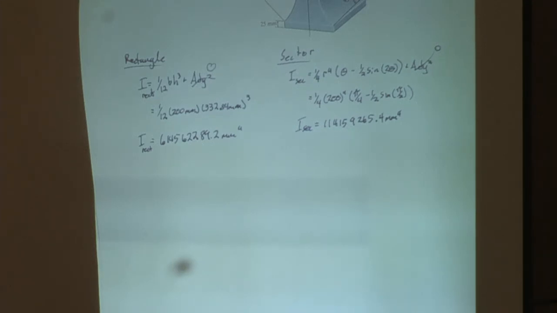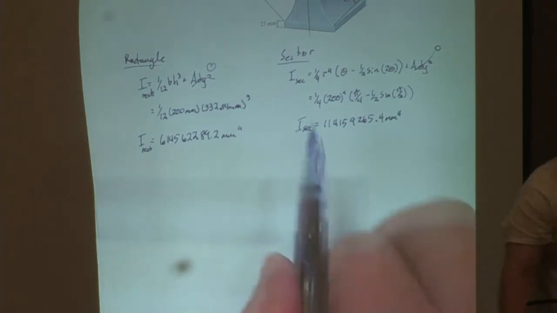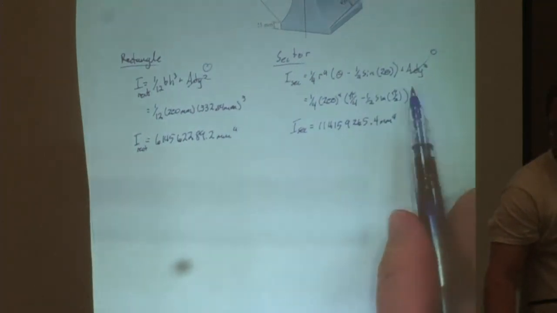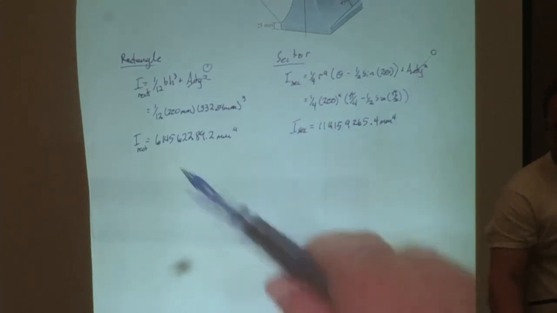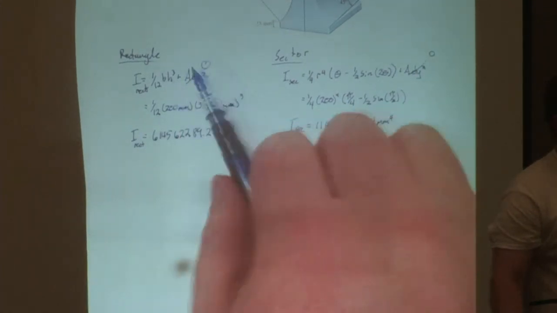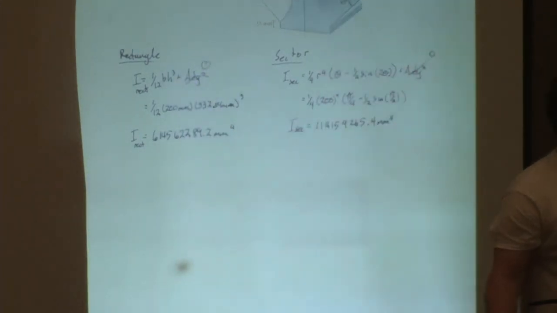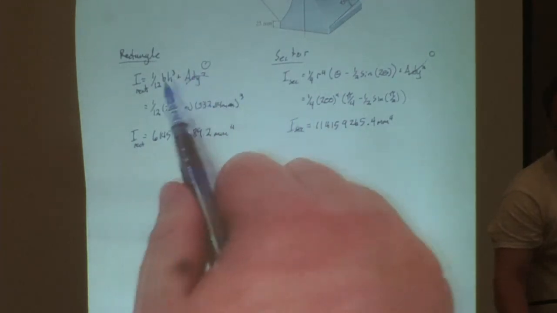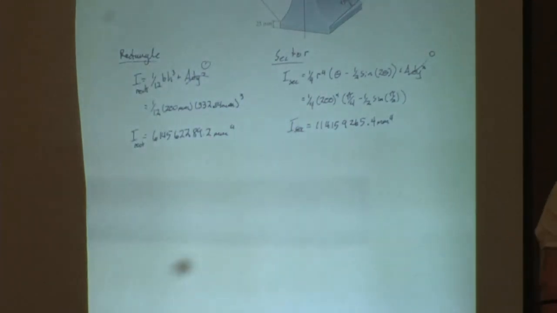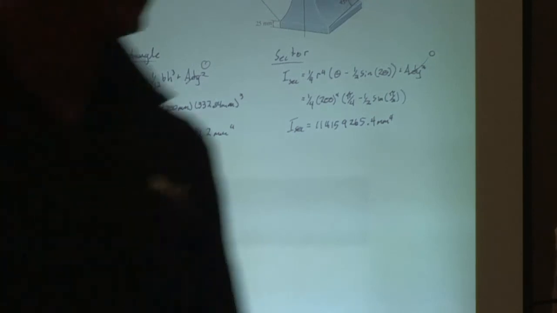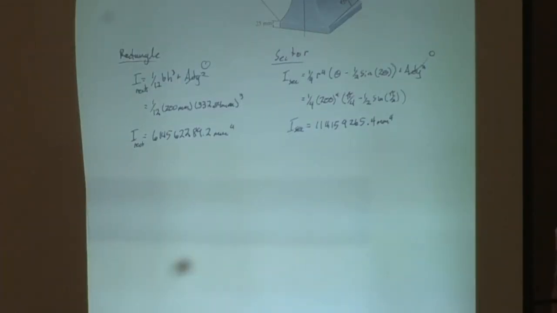Why is the A times y squared term zero? Because we're just concerned about the moment of inertia. If you look in any other textbook, you never use it with additional area. What does that do, the A times y squared? I can get back with you on that.